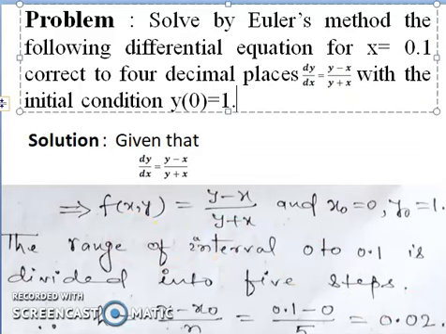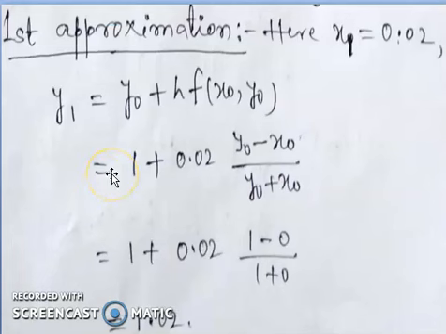Therefore, the first approximation is at x1 equal to 0.02, because in the range between 0 and 0.1 the first value is 0.02.